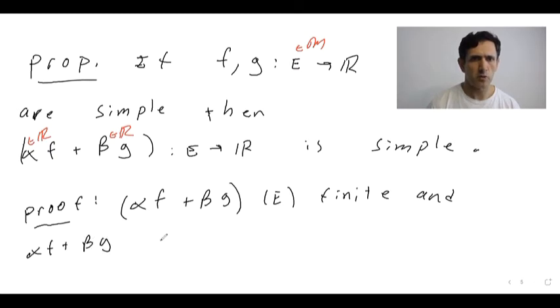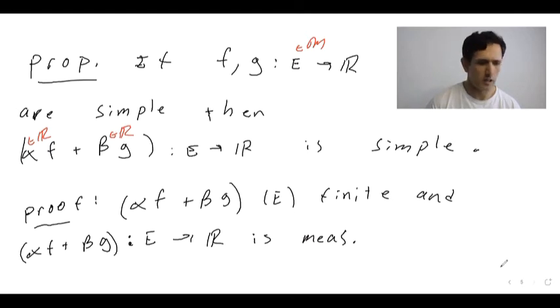And this is measurable, because we're taking a linear combination of two measurable real-valued functions. Right. So yeah, a useful property: a linear combination of simple functions is simple.